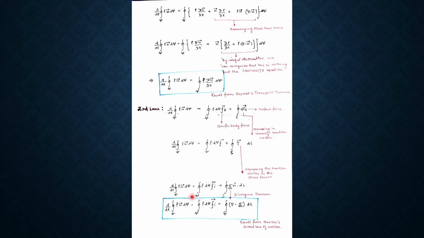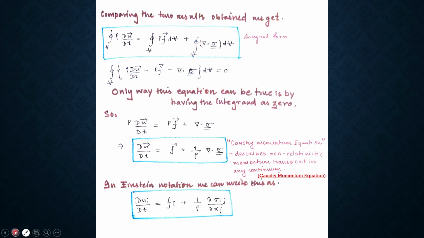Now the LHS of both of these are equal, so we can set the RHS as equal. Comparing the two results, we get rho times the material derivative of u integrated over the entire volume equals rho times the specific body force integrated over the entire volume plus the divergence of the stress tensor integrated over the entire volume.